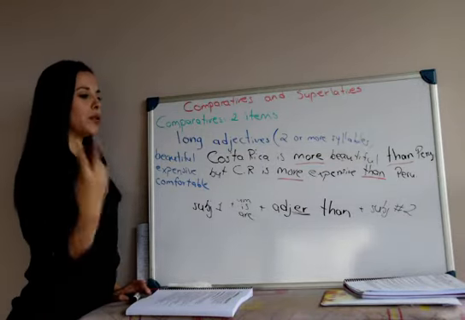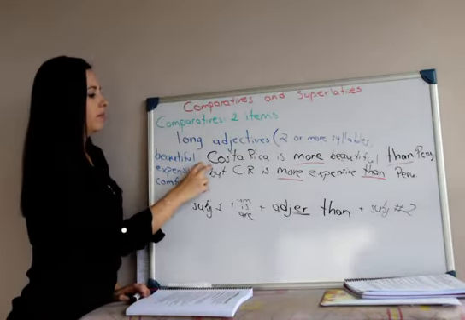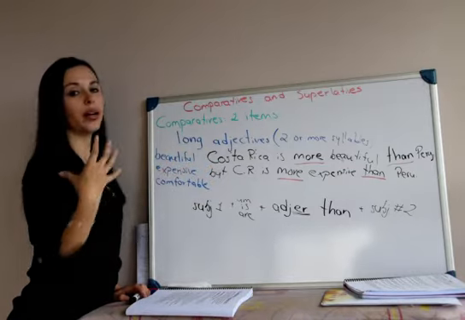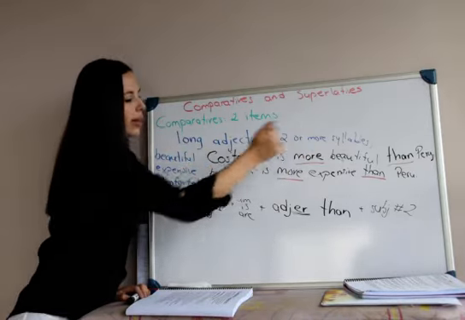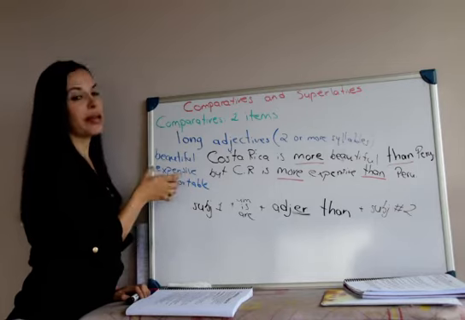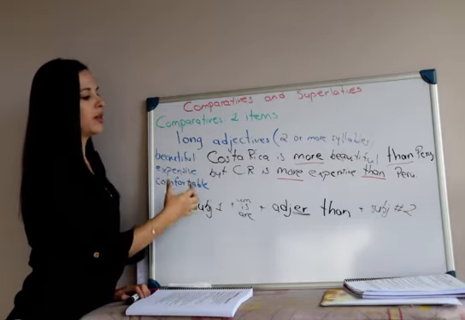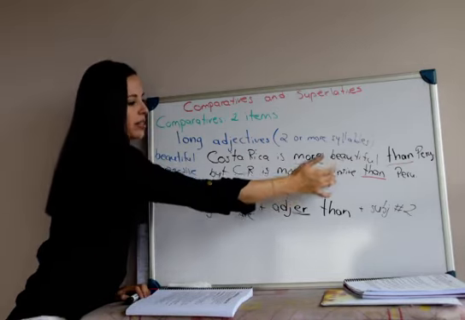Okay, so we have two examples. Costa Rica is more beautiful. Beautiful is very long, so we need to use more than. And we have expensive. Expensive is also a long adjective, so we need to use more expensive than.